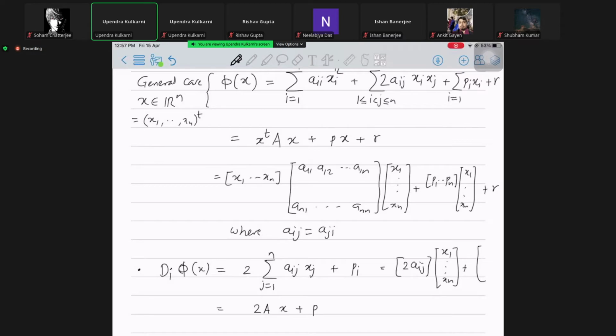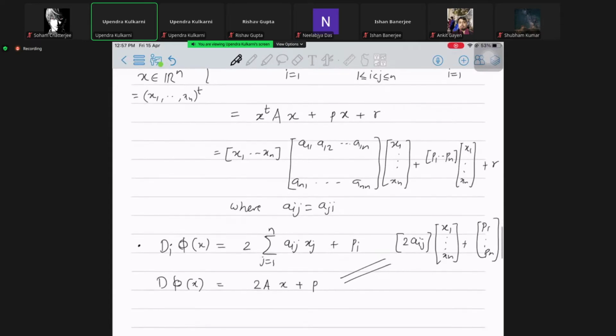Oh, sorry, not this. This is only for the d_i, right? On the other hand, I'm going to say therefore d of phi at x is this one, which really is equal to 2Ax plus p. The total derivative, and that is just this. Okay, so how many critical points are there?